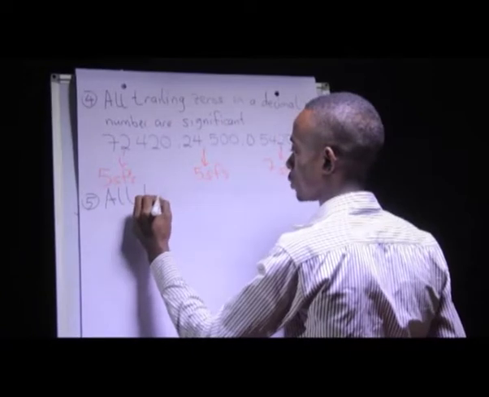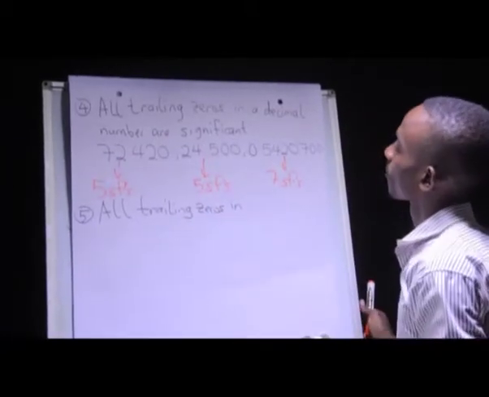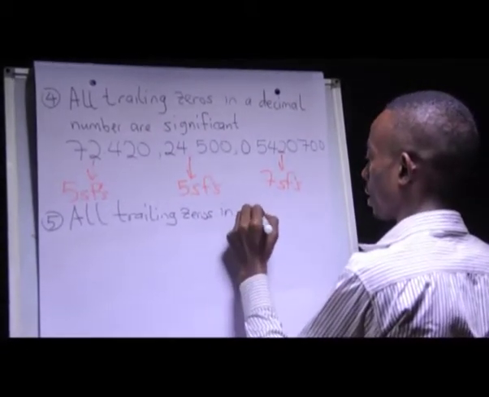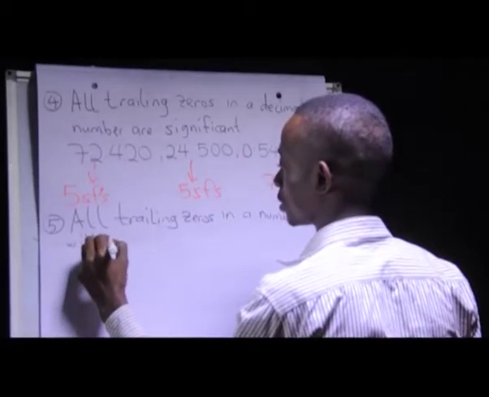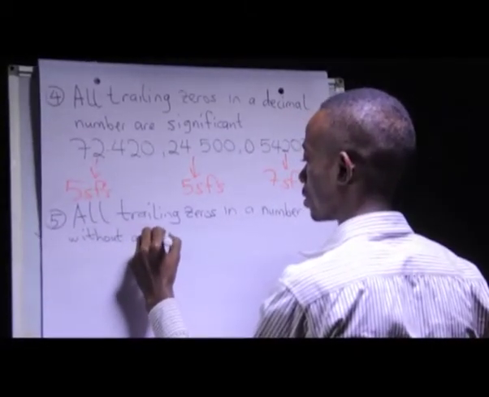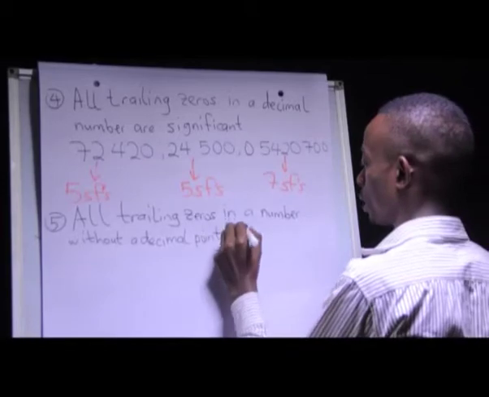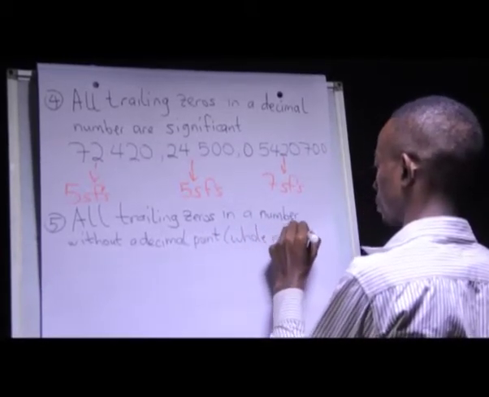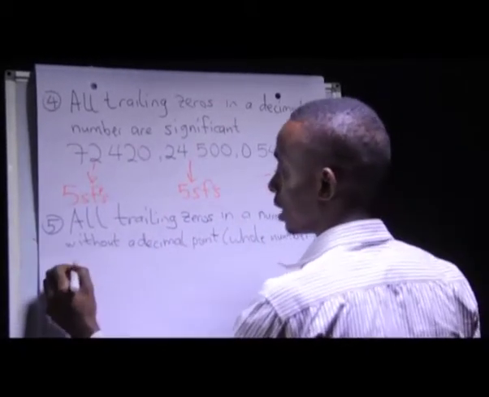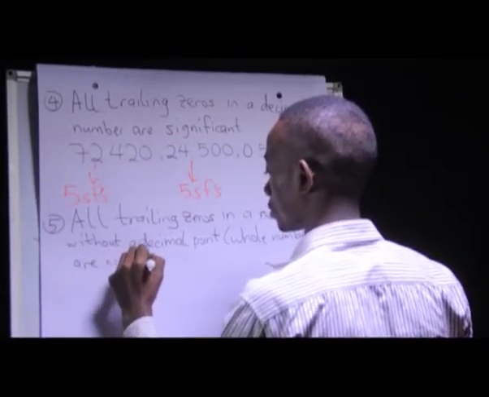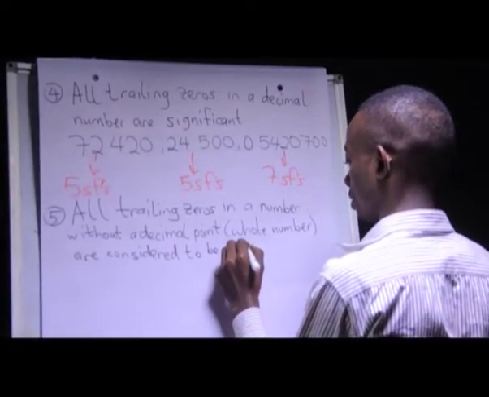It says all trailing zeros in a number without a decimal point, or I can decide to call that number without a decimal point a whole number, so all trailing zeros in a whole number or a number without a decimal point are considered to be insignificant.